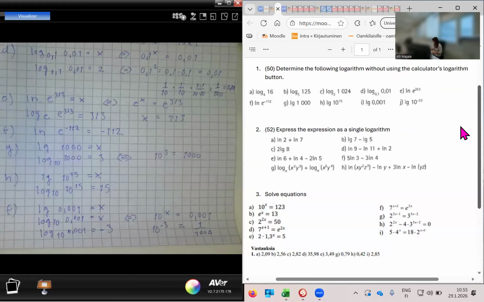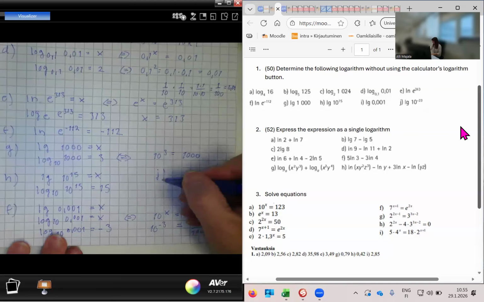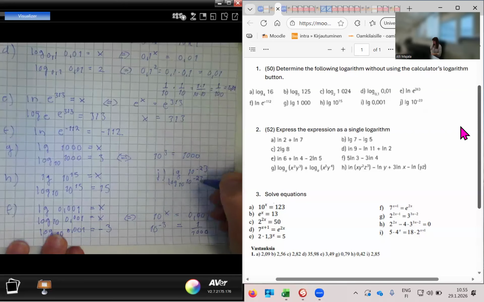Now the G seems to be, I'll just write the G here. There was the HG minus 23, and I already know that it's that.